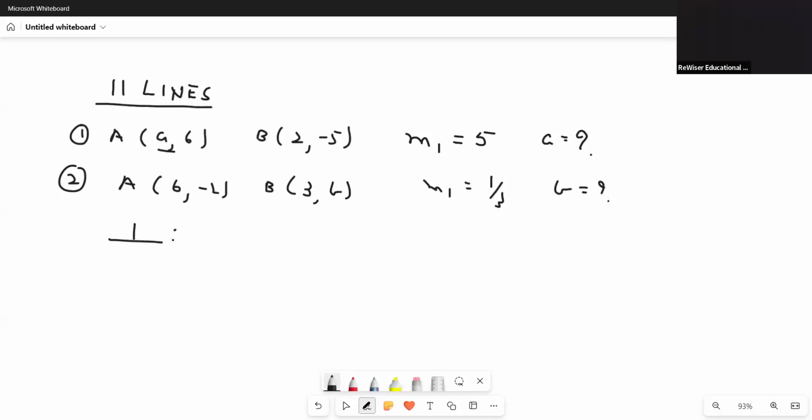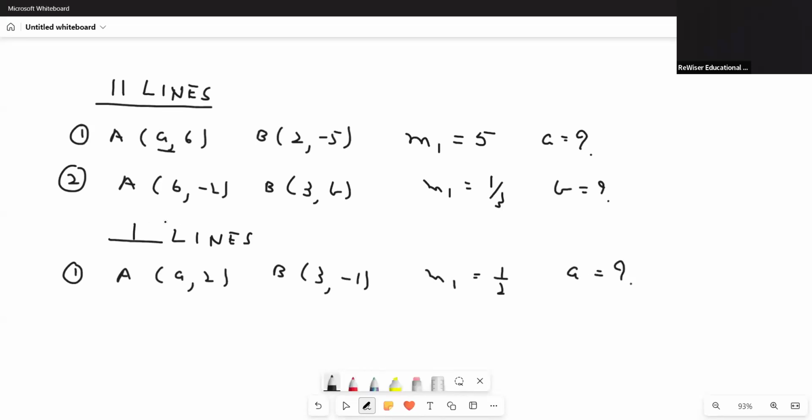The next two are for perpendicular lines. Say A has coordinates (a, 2), and B has coordinates (3, -1), and the slope of the line is 1/2. So you have to get the value of a. In this case, the lines are perpendicular.